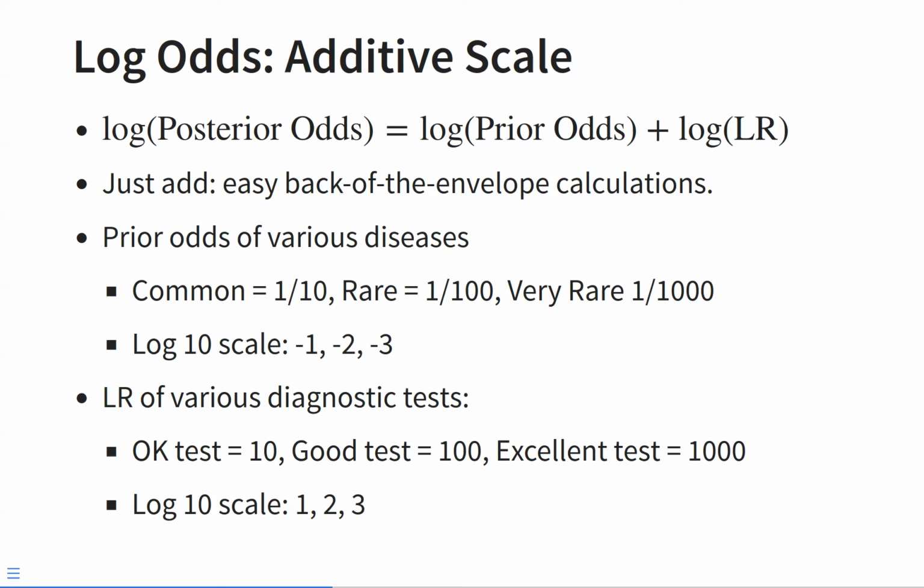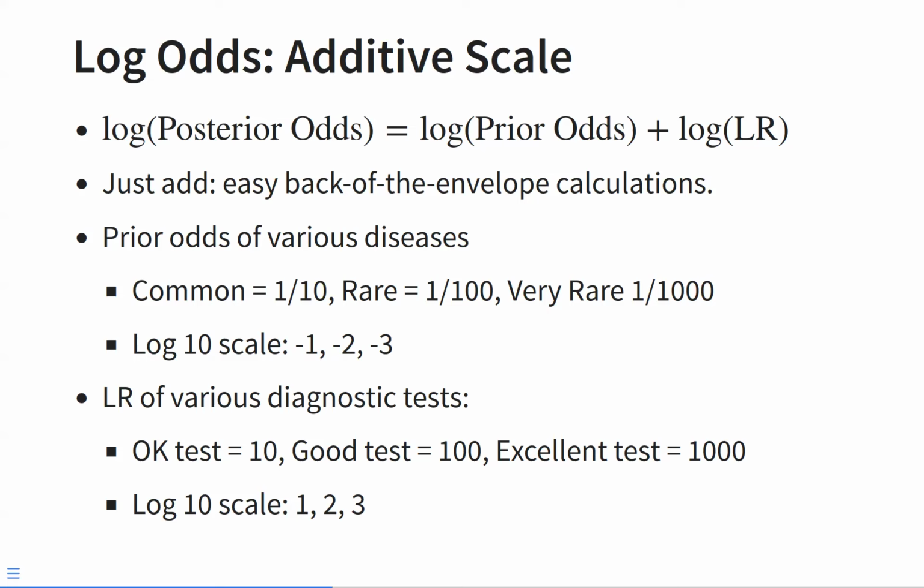Of course, you don't want to get sick, but you do want to get the car, but you understand my point. A rare disease, we could maybe say, has prior odds of about 1 in 100. Maybe a very rare disease has prior odds of 1 in 1,000. So these would be a way of expressing the base rate as odds. What are these on the log base 10 scale? Well, they're -1, -2, and -3.